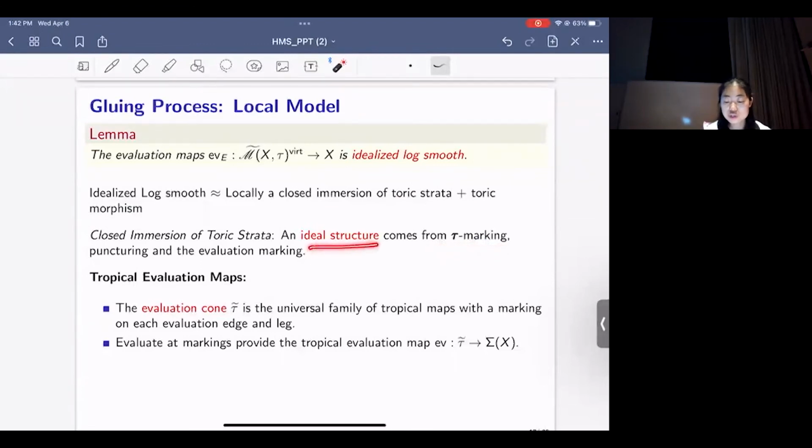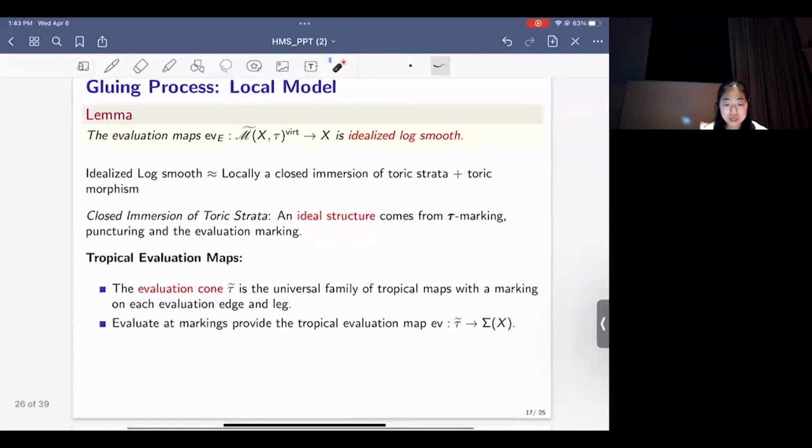The ideal structure comes from three parts: we fix the tropical type, we have the puncturing restriction that we had before, and there is some evaluation condition when we take the saturation. This basically means we have a very good idea of how this ideal structure would look.